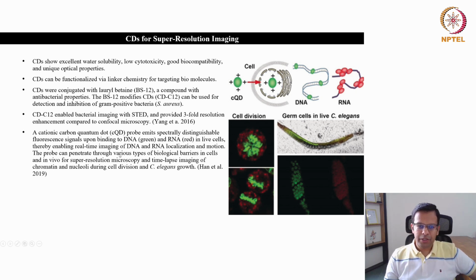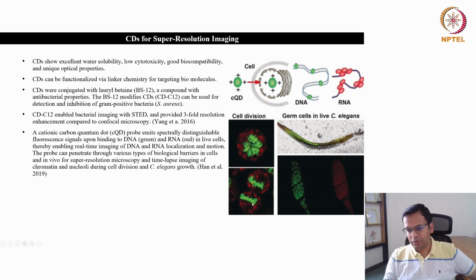The probe can penetrate through various types of biological barriers in cells and in vivo for super resolution microscopy and time-lapse imaging of chromatin and nucleoli during cell division and in C. elegans growth. So here you can see C. elegans germ cells, and this dye binds to DNA and RNA and gives different fluorescence.